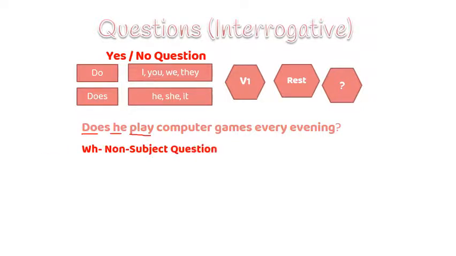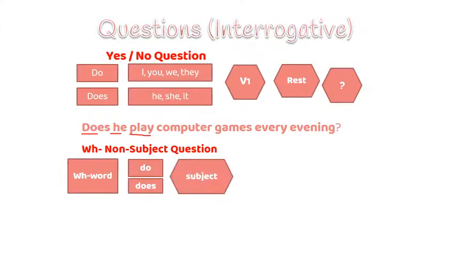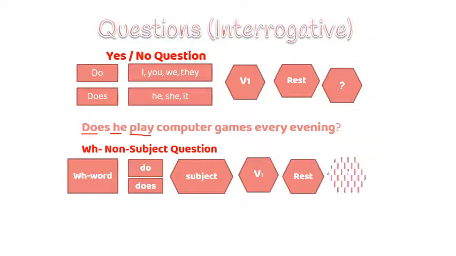Now, if I have a WH non-subject question, a question that starts with a WH word, I start with the WH word, then do or does, it depends on the subject, then the subject, then the verb, then the rest of the sentence and a question mark.